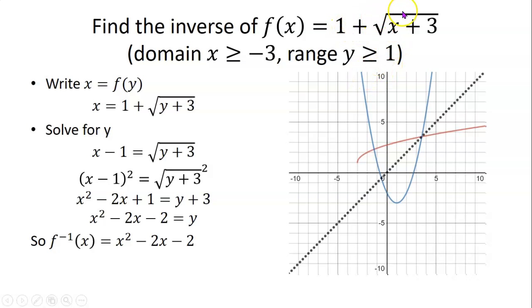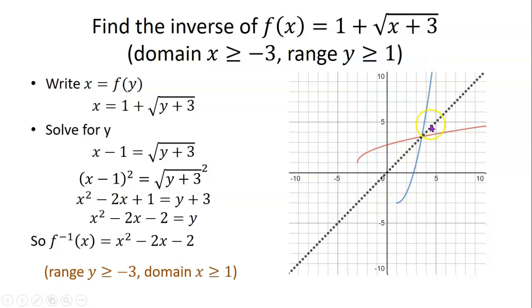So the only kinds of numbers that we could have gotten out of f are numbers that are greater than or equal to 1. So if those are the only kinds of numbers that we plug in to f inverse, we make it so that the range of f inverse is everything greater than or equal to negative 3, and the domain, what we're allowed to plug in for x, is everything greater than or equal to 1. Then we don't get all of these points on the graph.